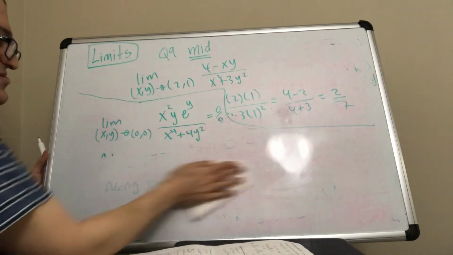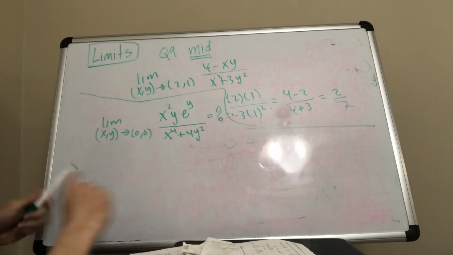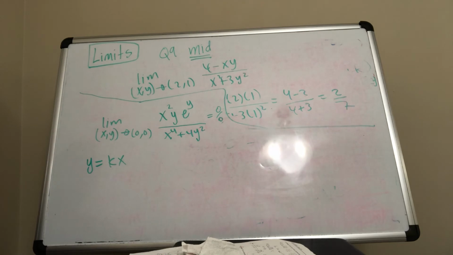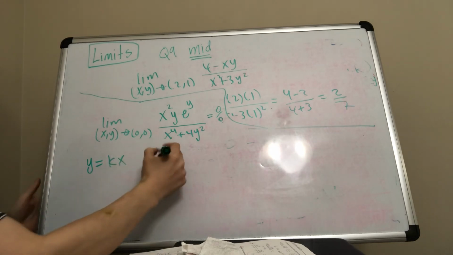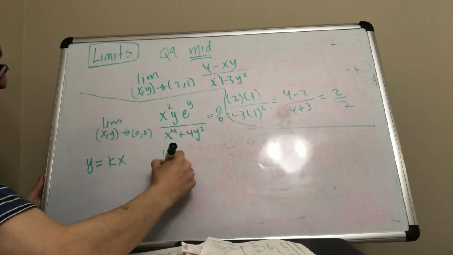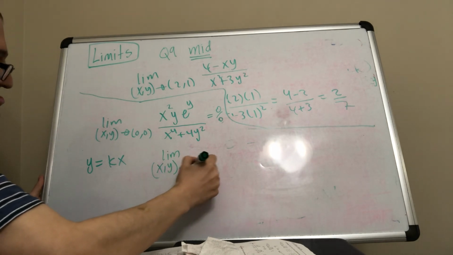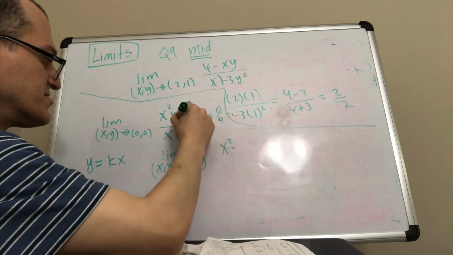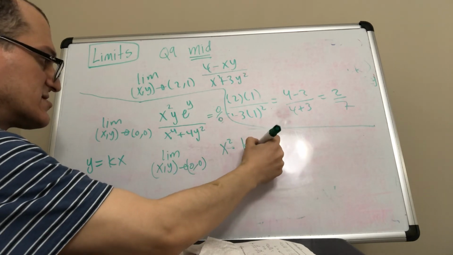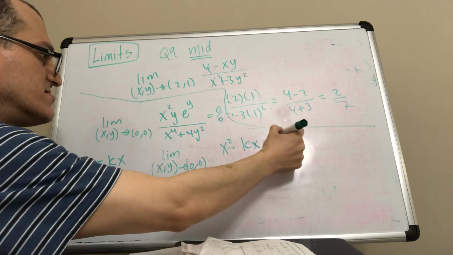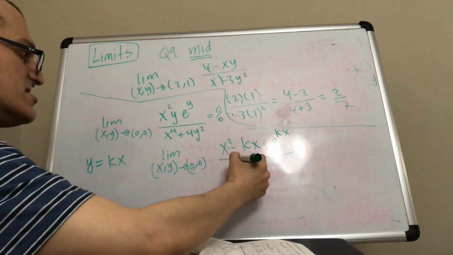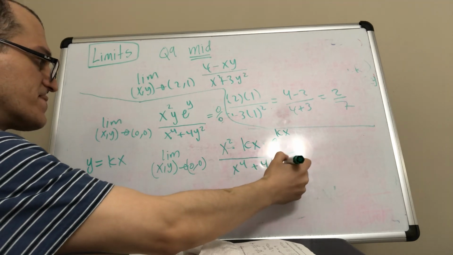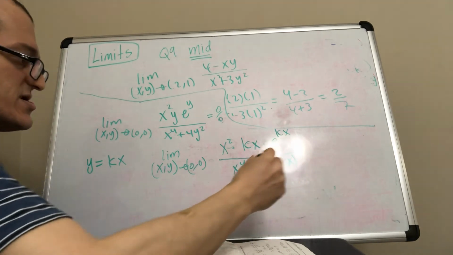I can try a straight line. Let's say you approach it by y equals kx. So that will tell me limit xy to 0, 0, x squared, instead of y, we go kx e to the kx, over x to the 4 plus 4k squared x squared.